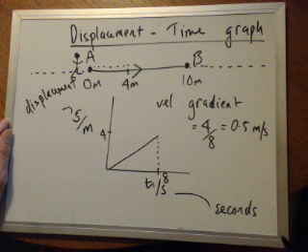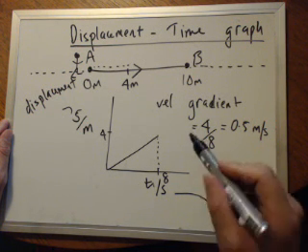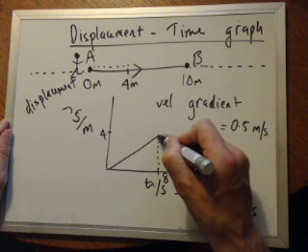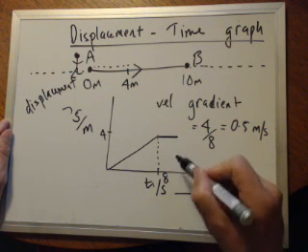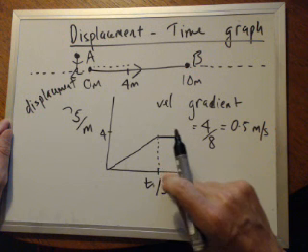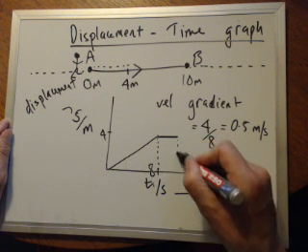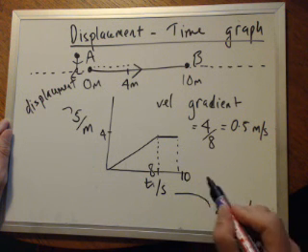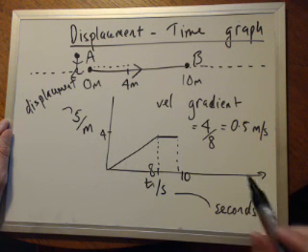He then decides to stop for 2 seconds. Showing you stop for 2 seconds means that time will move on like that. So after 10 seconds, he hasn't moved at all.